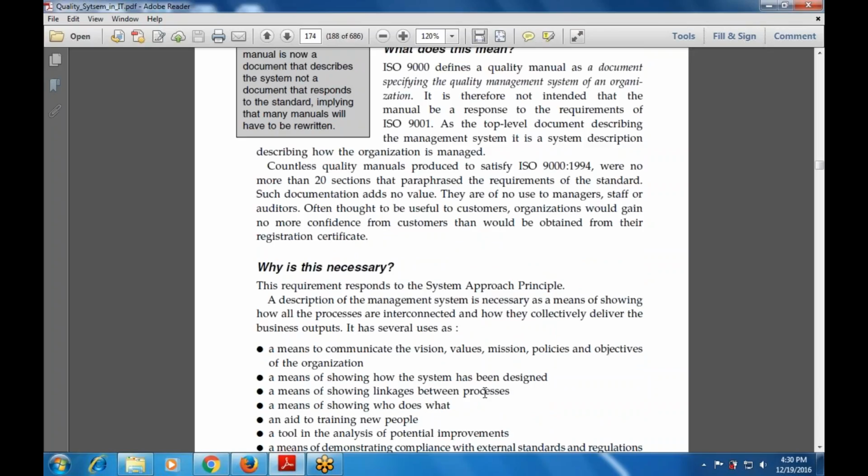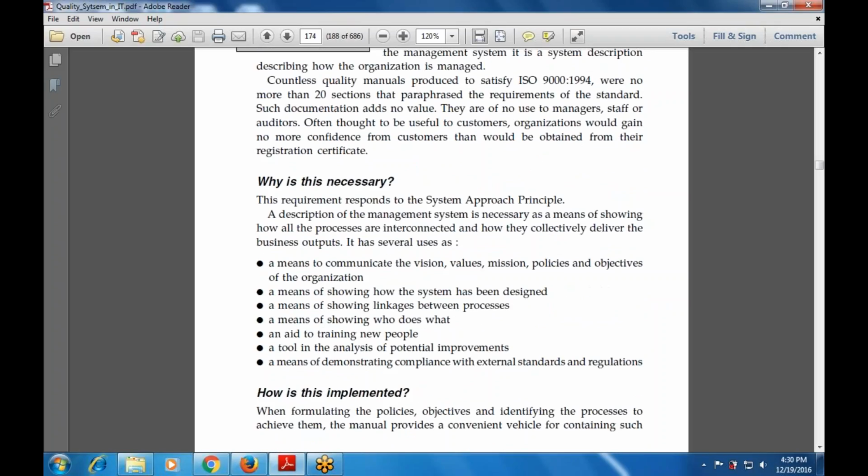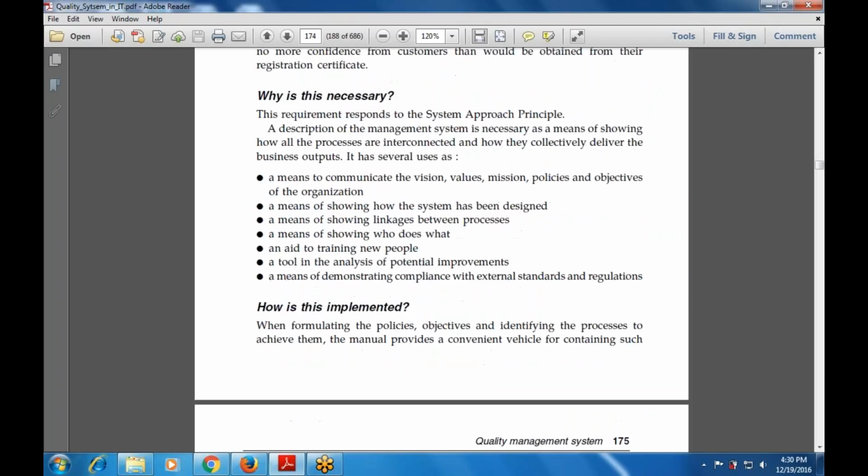Then a tool in the analysis of potential improvement, how to improve the necessary things, and a means of demonstrating compliance with the external standards and regulations.